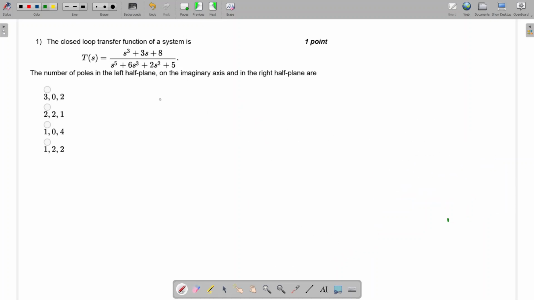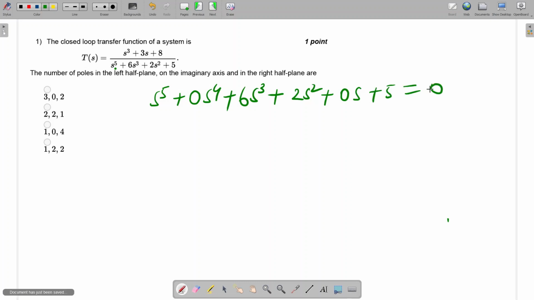This one, s to the power 5. Already this closed loop transfer function is there. So s to the power 5 plus 0 s to the power 4 plus 6 s to the power 3 plus 2 s square plus 0 s plus 5 is equal to 0. Is it correct? Yes, sir.